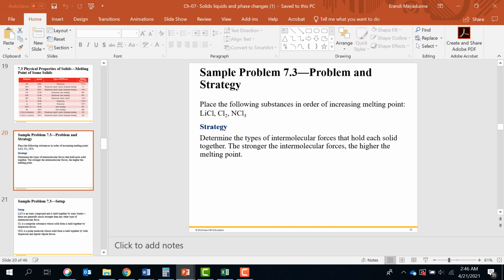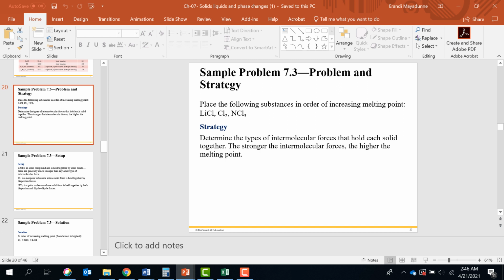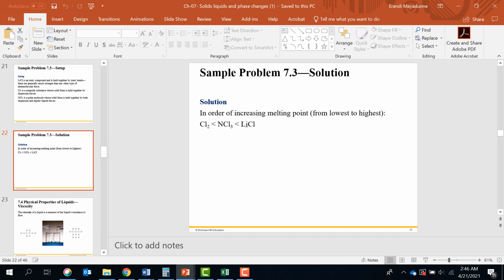So you can see the ionic solid has the highest melting point, and then you go to NCl3 and then chlorine.